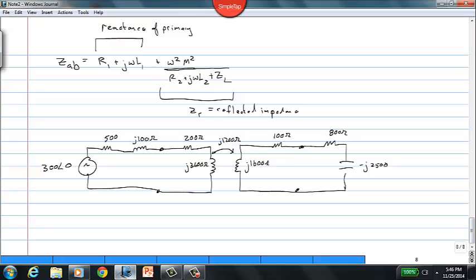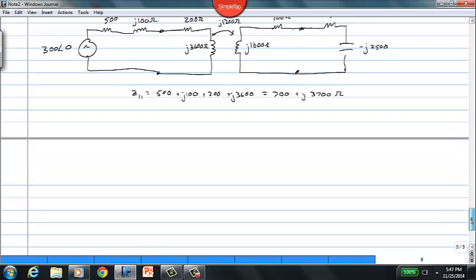So remember, self-impedance is Z11, that's just going to be equal to 500 for the resistor, plus j100, plus 200, plus j3600, and that gives us 700 plus j3700 ohms.